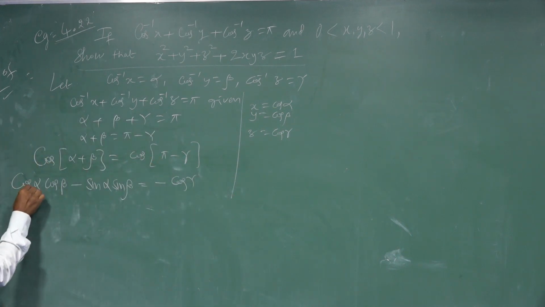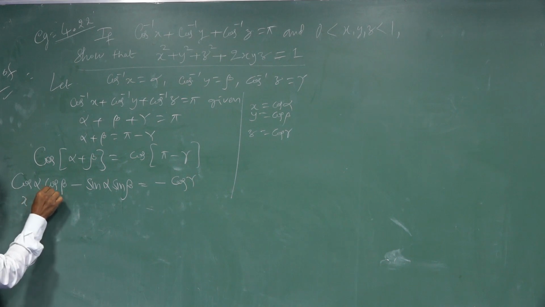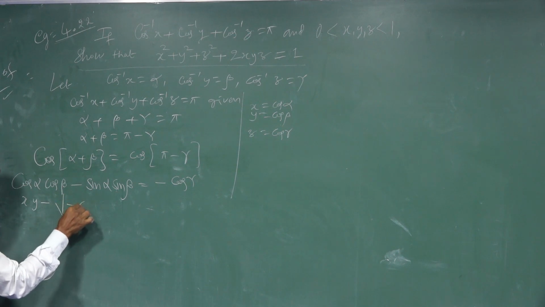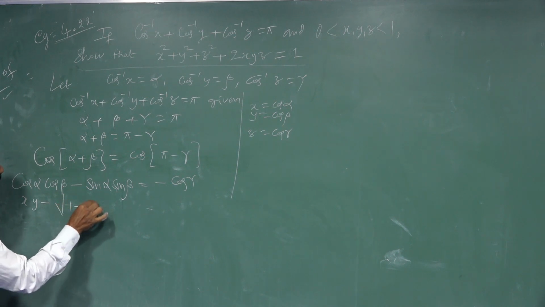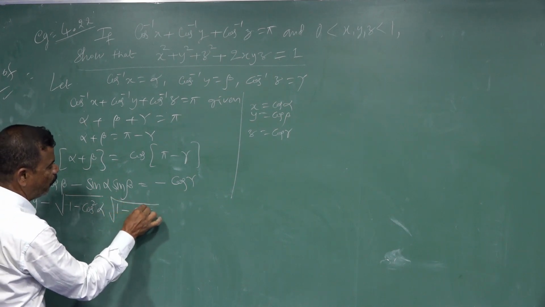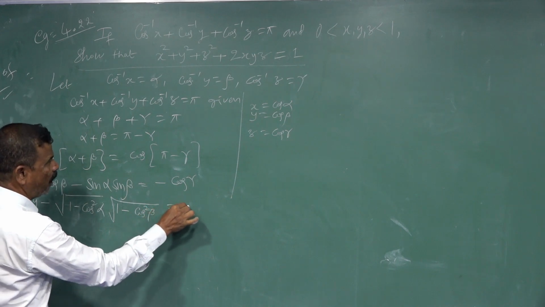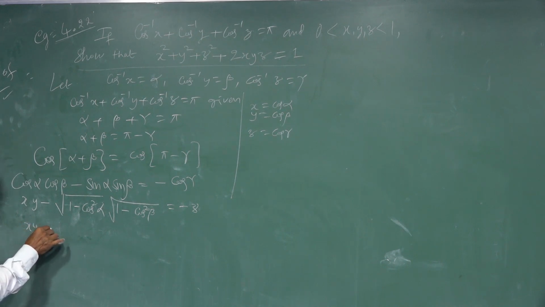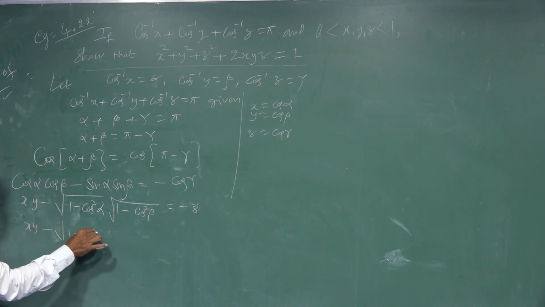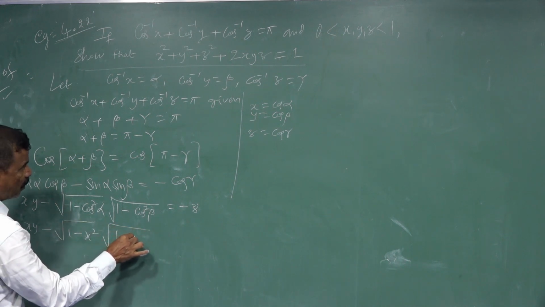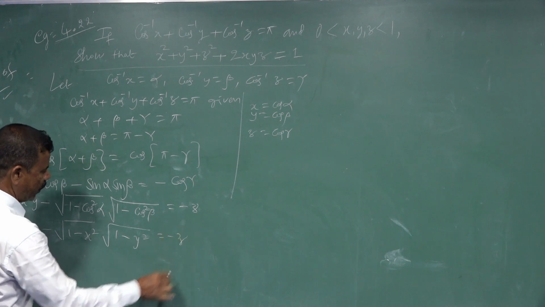Substitute here. Cos alpha is x, cos beta is y. Sin alpha we don't know: under root of 1 minus cos square alpha. Similarly, under root of 1 minus cos square beta, is equal to minus cos gamma, that is minus z. Now xy minus under root of 1 minus x square, since cos square alpha is x square, under root of 1 minus y square, is equal to minus z.